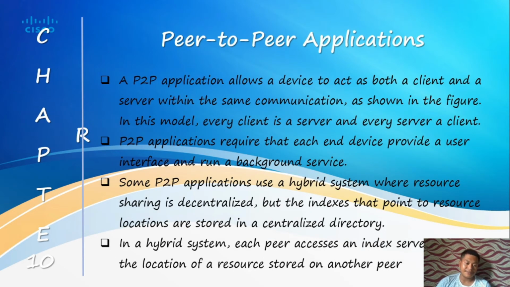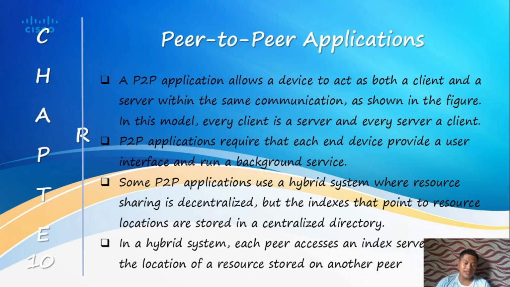Peer-to-peer application. A peer-to-peer application allows a device to act as both a client and a server within the same communication, as shown in the figure. In this model, every client is a server and every server is a client. Peer-to-peer applications require that each device provide a user interface and run a background service.